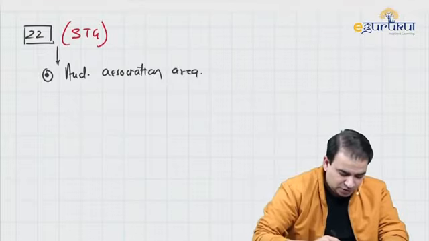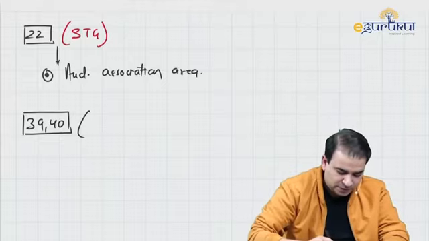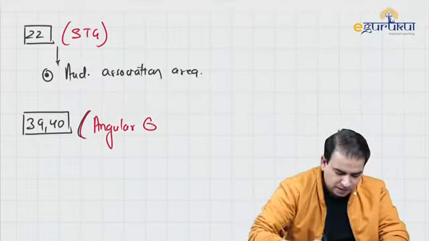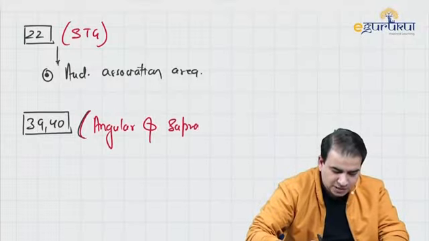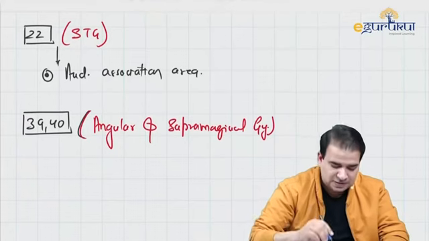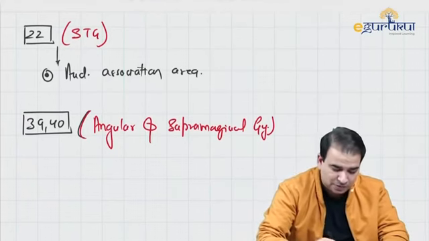And lastly, on the superior lateral surface, we have 39 and 40. Where are 39 and 40? They are present in the angular and supramarginal gyrus respectively. 39 is in the angular gyrus and 40 is in the supramarginal gyrus.